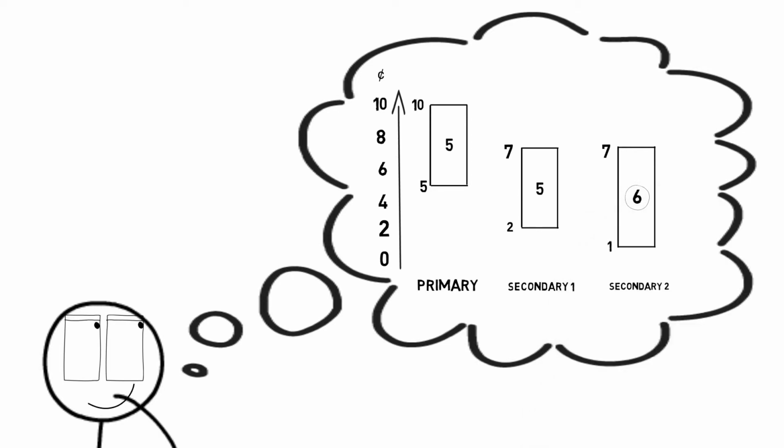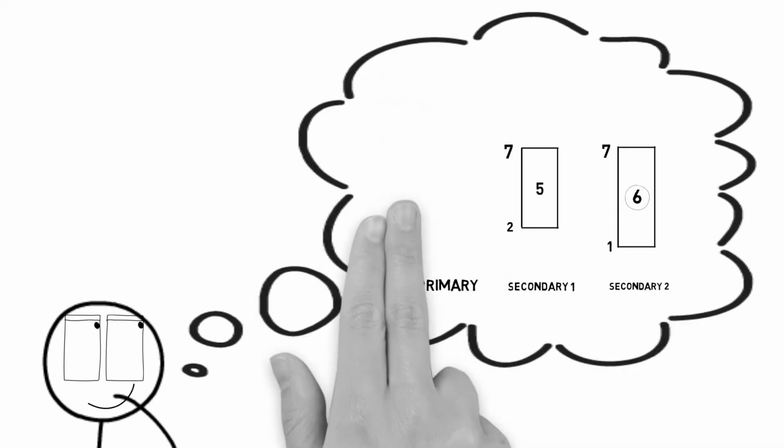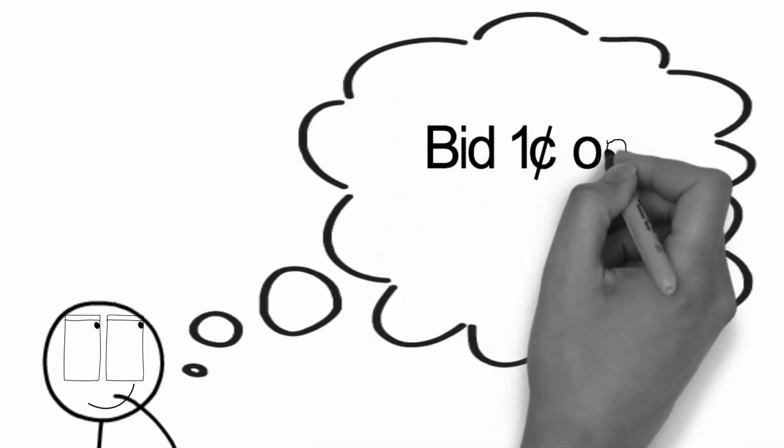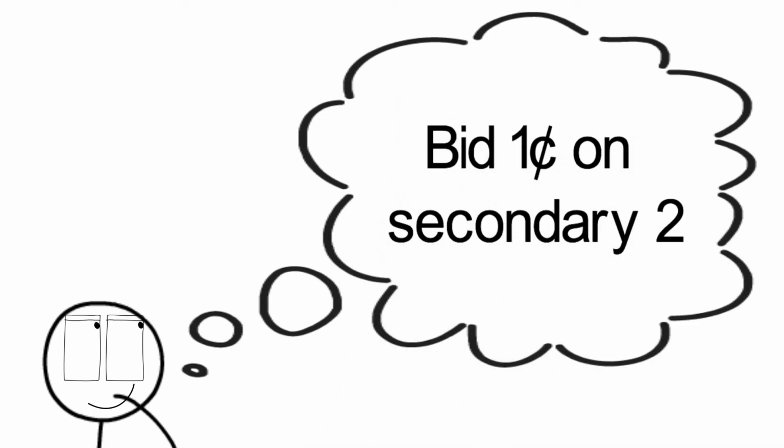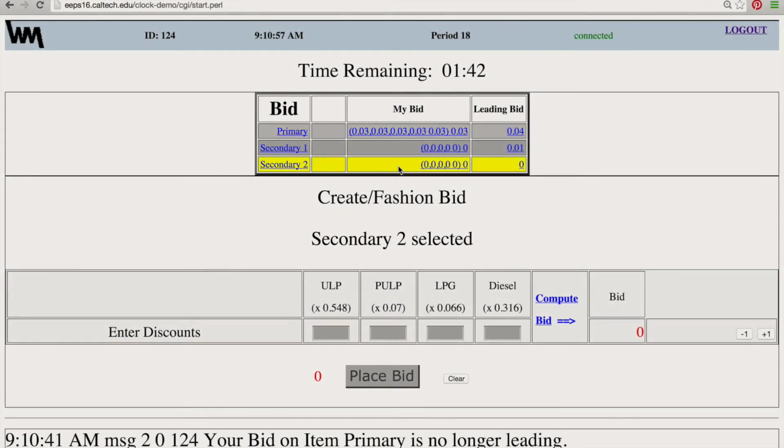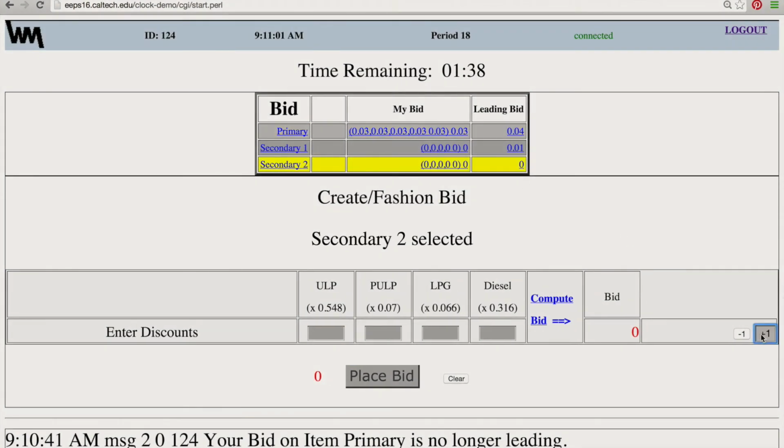He likes the sound of a potential profit of 6 cents and decides to bid 1 cent on the secondary 2 item. Charlie clicks on secondary 2 up the top to ensure that he has secondary 2 item selected for bidding. He uses the plus button to enter a bid of 1 cent.